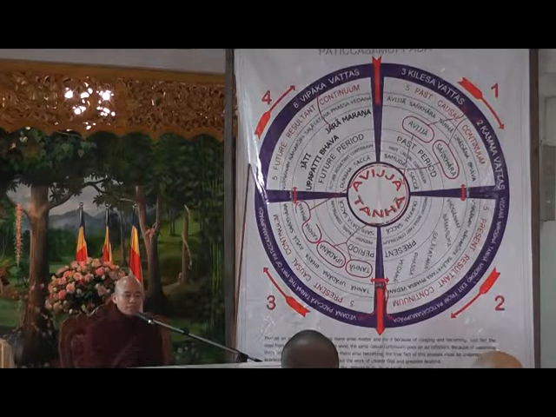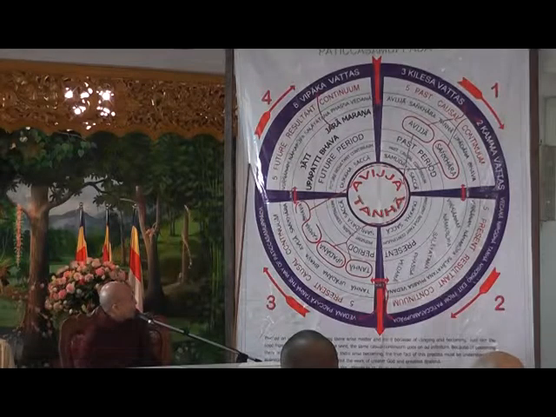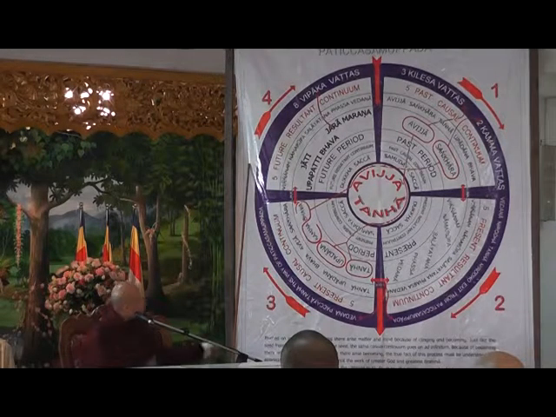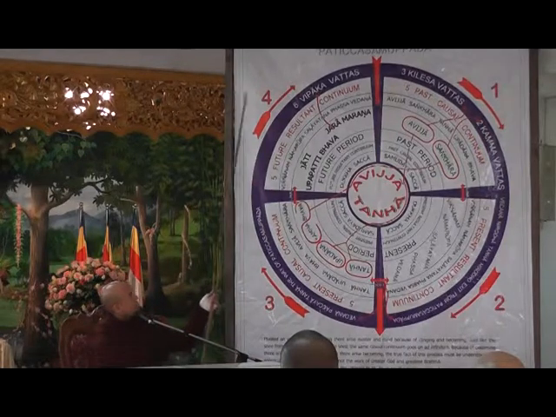Dependent origination means cause and effect only. To understand cause and effect, as I explain to you, at first you see this diagram.